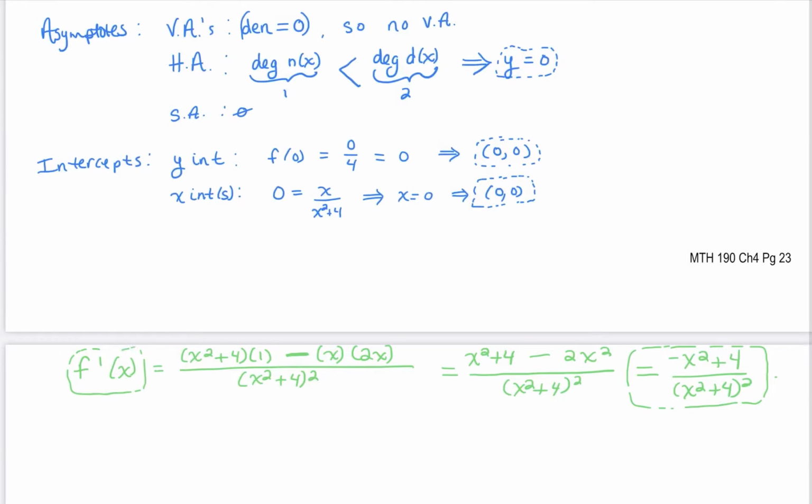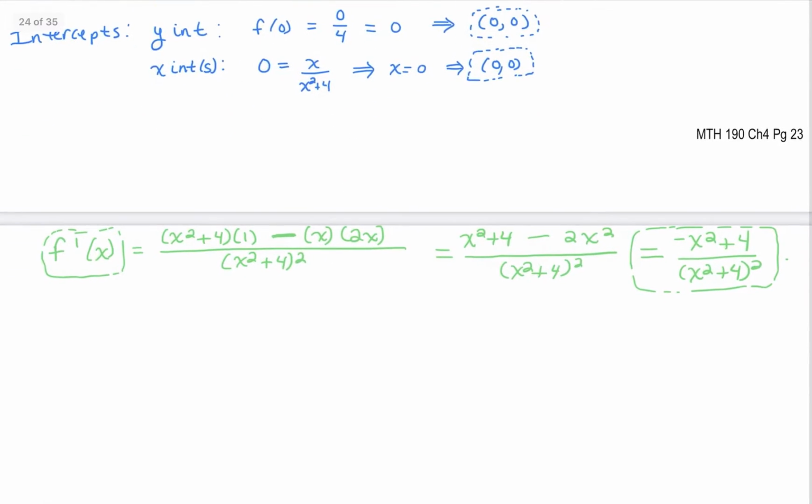Okay, looks pretty good. Now we're going to look for our critical points. So we're looking for where f prime is equal to 0 or where f prime does not exist. A fraction goes to 0 when it's a simplified fraction like this when its numerator goes to 0.